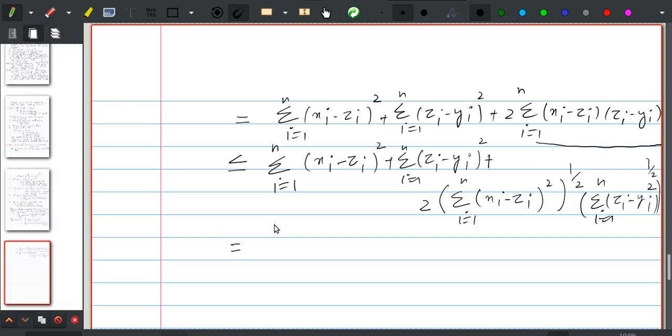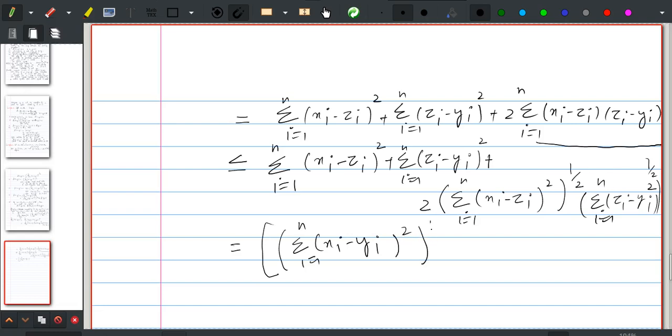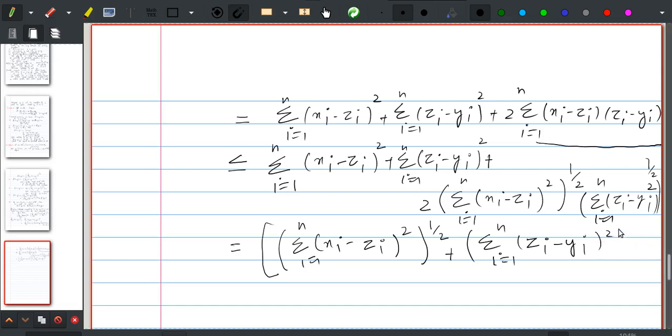This is equal to sigma i runs from 1 to n (xi minus zi) square power 1 over 2 plus sigma i runs from 1 to n, not yi, it is zi here, sorry, (zi minus yi) square power 1 over 2, and whole square.